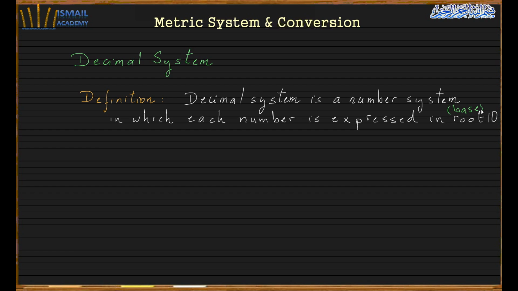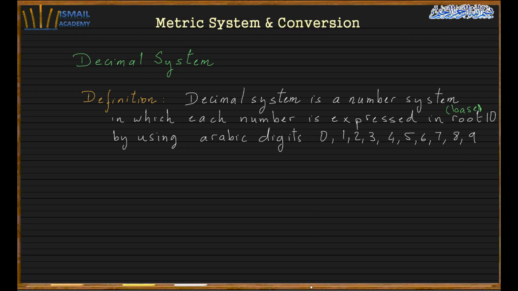If you're not used to the word root for now, you can see it as base 10, by using Arabic digits, which are 0, 1, 2, 3, 4, 5, 6, 7, 8, 9.